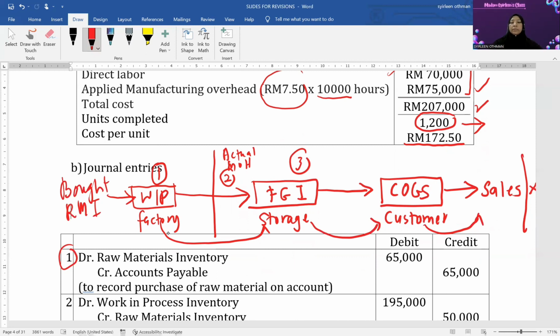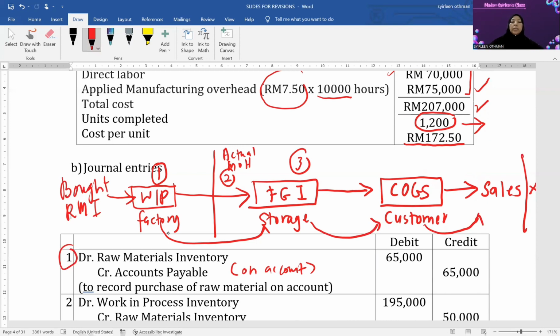The amount is 65,000, and I will credit accounts payable because it is stated in the question, it is on accounts. Okay, so kita berhutang kan, credit terms, so you'll credit your accounts payable. Kalau dia kata you buy in cash or using check, the payment is made by check, so kita akan credit either cash or bank. Okay, subject to the requirement in the questions.